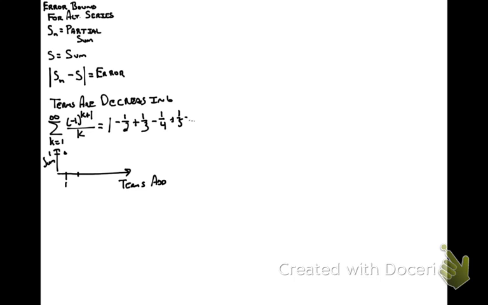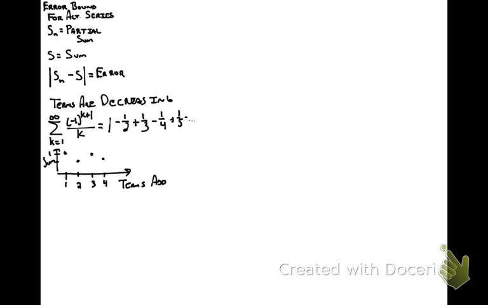If we add the first 2 terms, that means that our sum would be 1/2. If we add the first 3 terms, then we would have, what would that be? 3/6 plus 2/6. Our sum is back to 5/6. Right? If we subtract another 4th, then we're looking somewhere here.